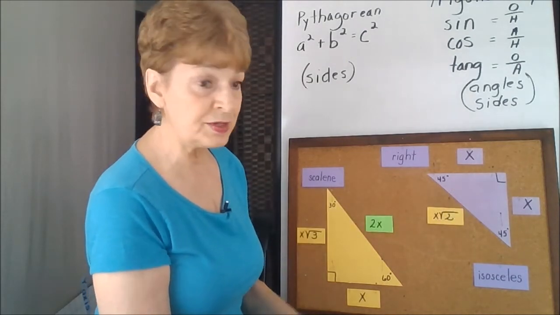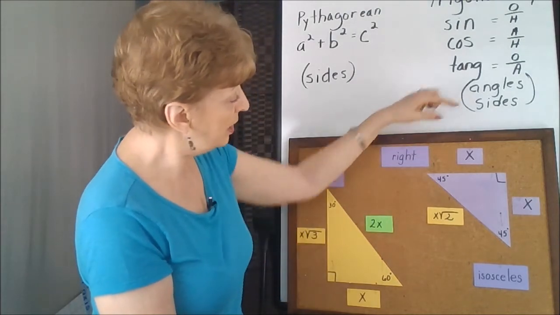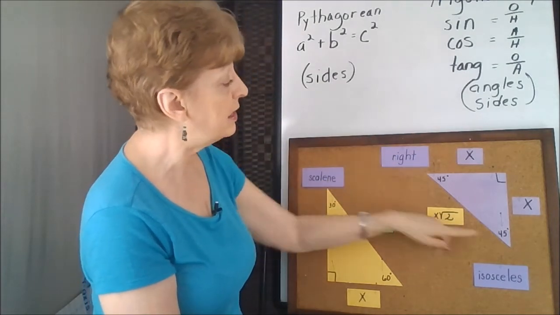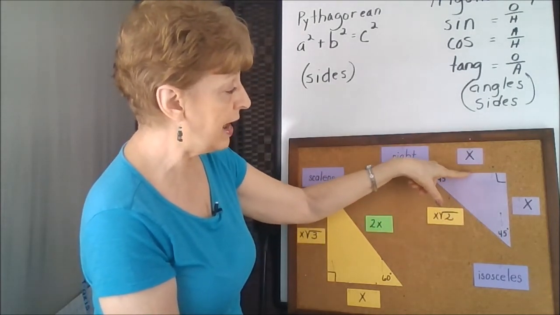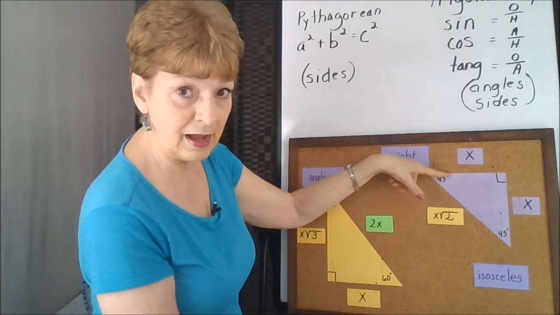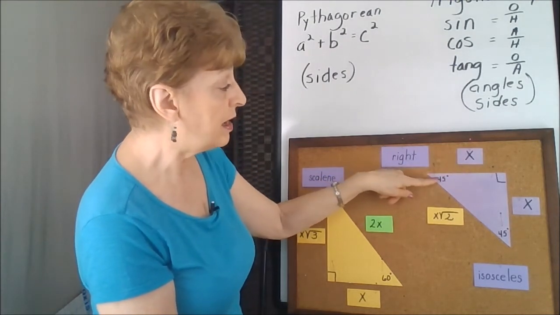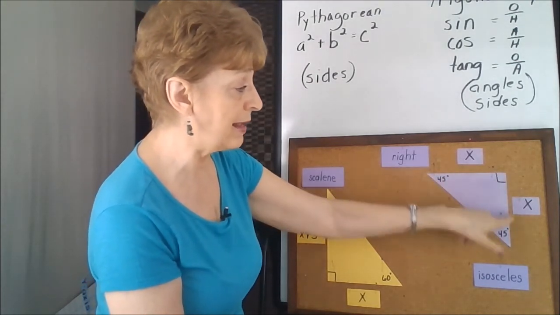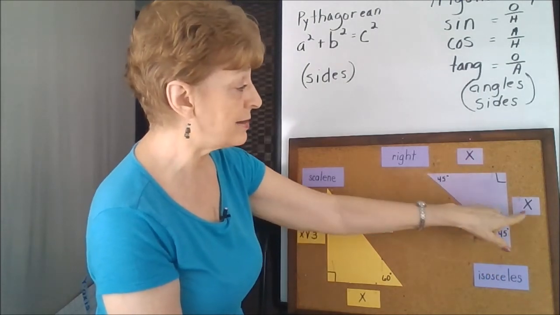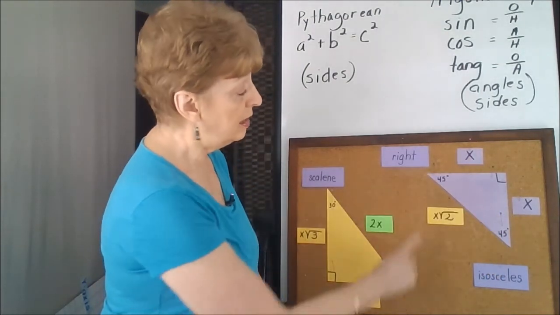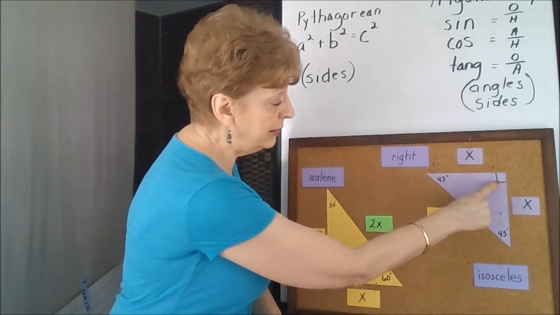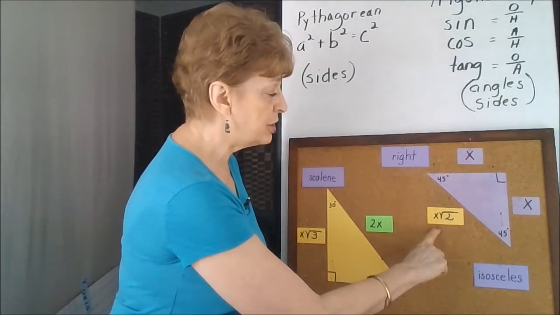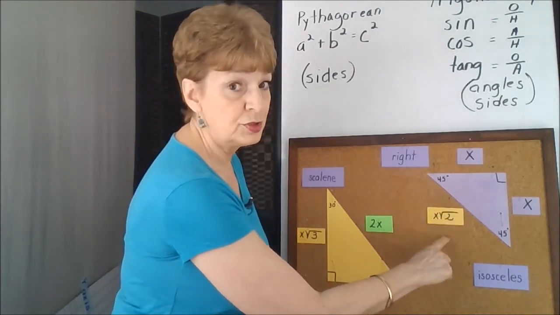And the ratios between the sides on this would be x and x, because if we call this x, then across from the second 45-degree angle would also be the same length as this side. So we're going to use x twice on this. The hypotenuse, which is directly across from the 90-degree angle, has this ratio of x radical 2.